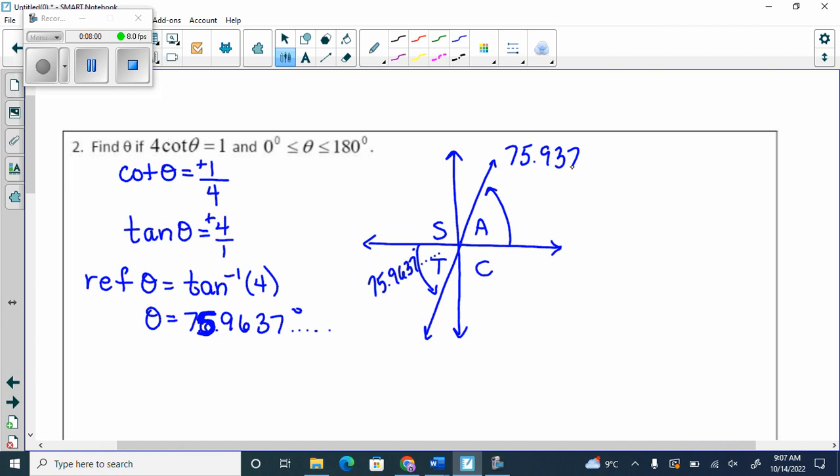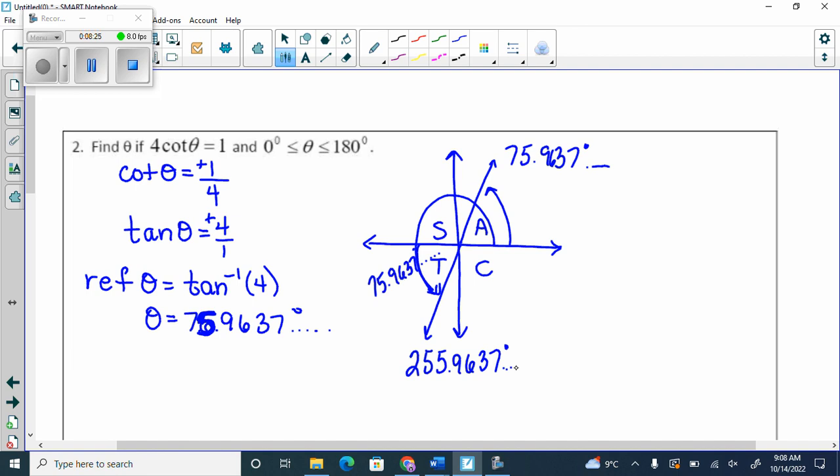And then this one would be, how do I get this? 180 plus it. So I get 255.9637 degrees. So now I have my 2 principal angles.